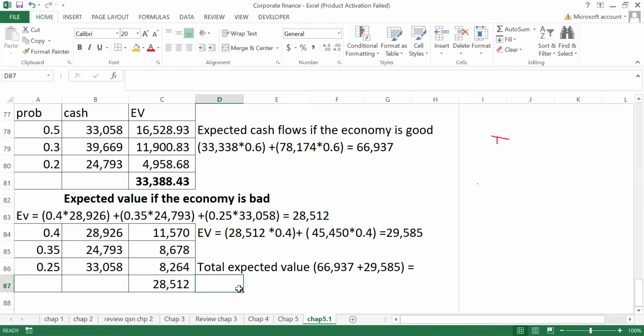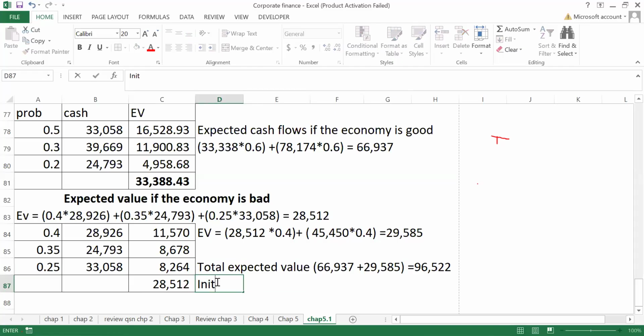Which gives us how much? $96,522. Now, remember our initial investment.